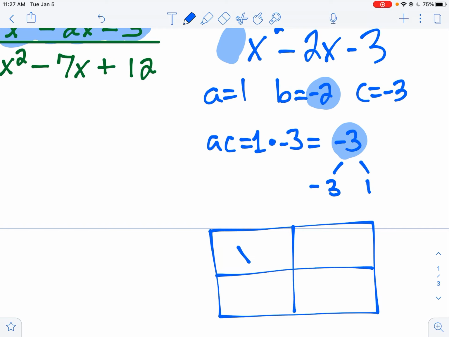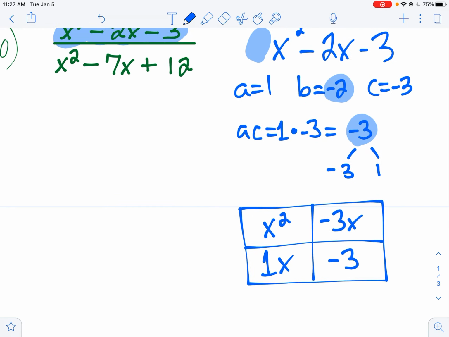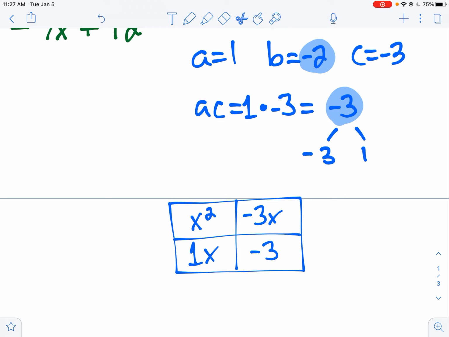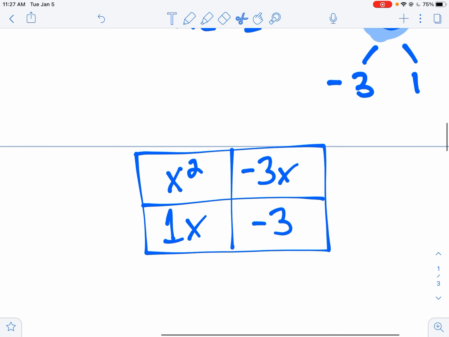So then what I do is I just rewrite my problem. Now instead of the negative 2x, I'm going to break it up into pieces. I'm going to make it negative 3x and positive 1x. And I get my negative 3 here. And now what do I do? I just factor. I'm going to factor horizontally as well as vertically. So we'll go across here.